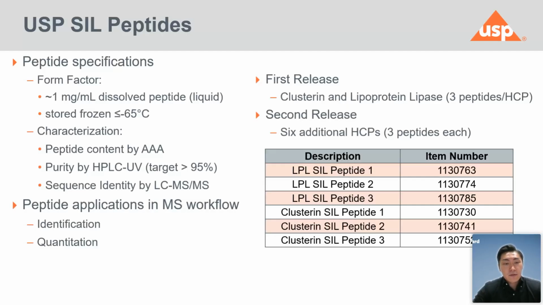These peptides are aimed at mass spec workflows for both identification and quantitation. We have already released products for both clusterin and lipoprotein lipase, with 3 peptides each for these 2 host cell proteins of concern. Next year, we'll have the second round of release, with 6 additional host cell proteins of concern with 3 peptides each.